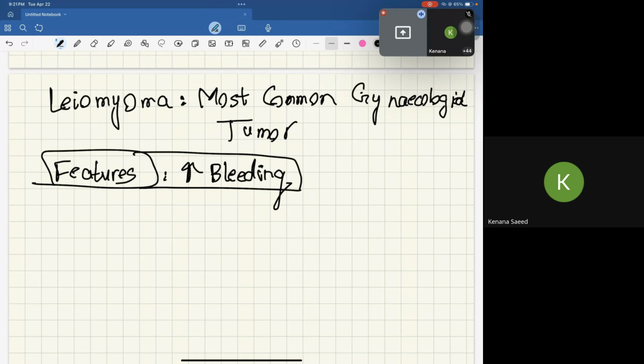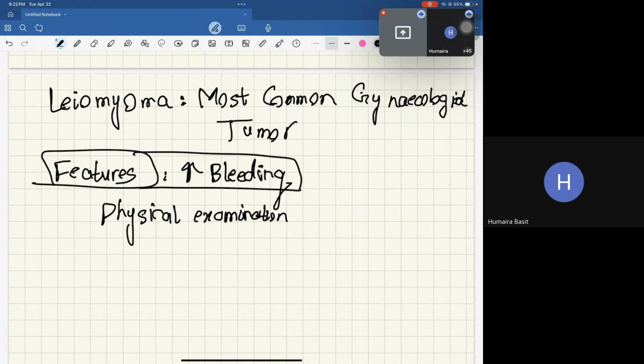On the physical examination of leiomyoma, there will be an irregular enlargement of the uterus. As we have studied so far, in adenomyosis the enlargement of the uterus will be globular and smooth, symmetric.